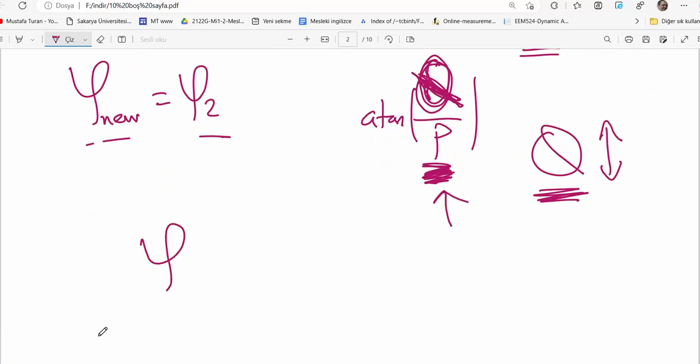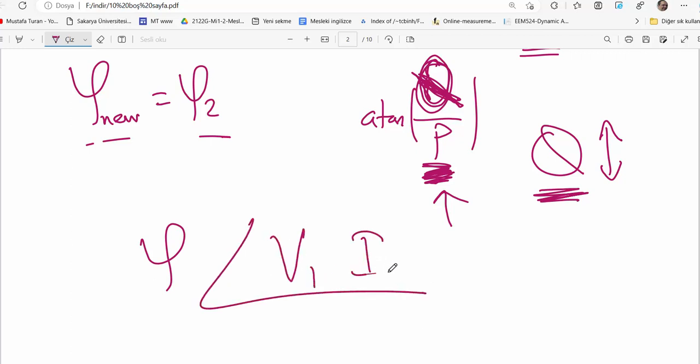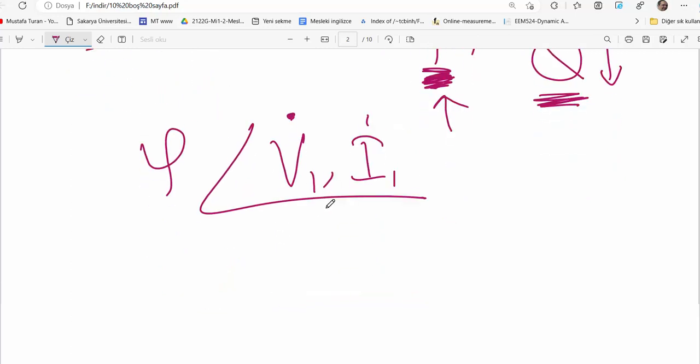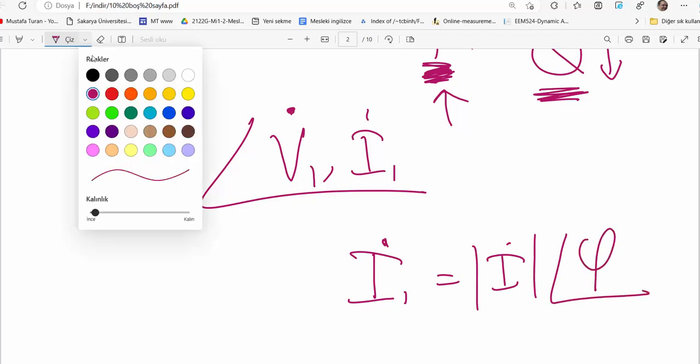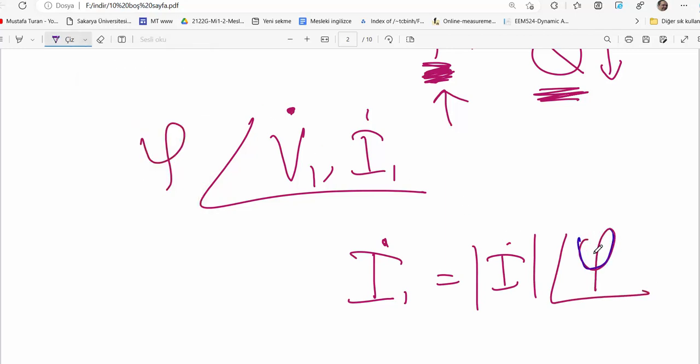What is the phase angle? Phase angle is the angle of position of the current with respect to the reference, which is voltage. So it is the angle of current. Houston, I need this guy.